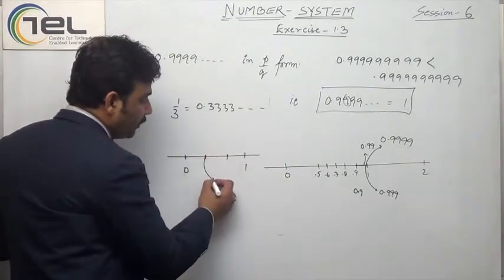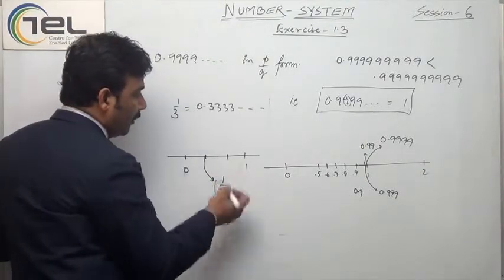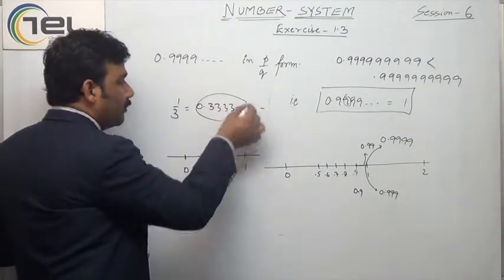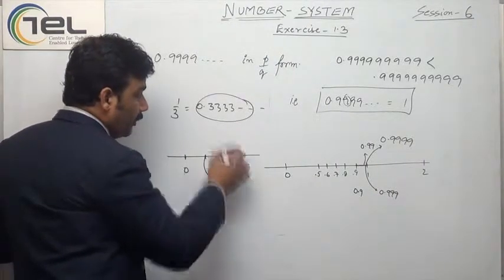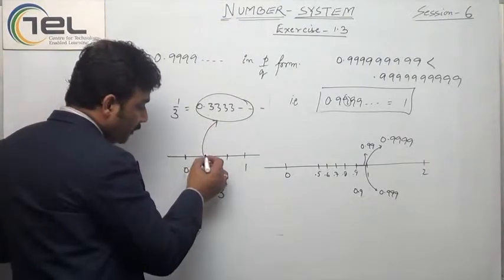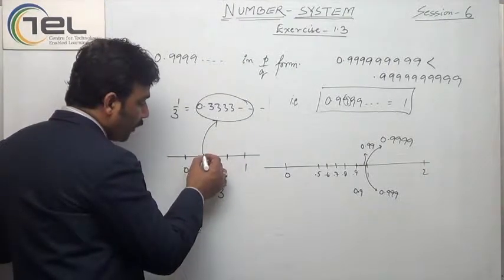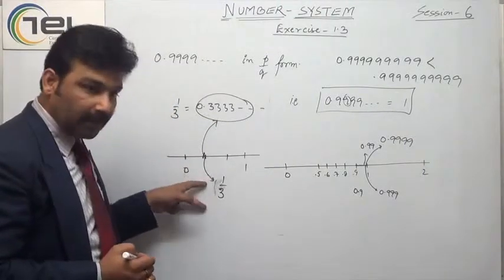So this represents 1 by 3. But if I write this one, it is not representing this point. This is another point which is very much closer to 1 by 3.